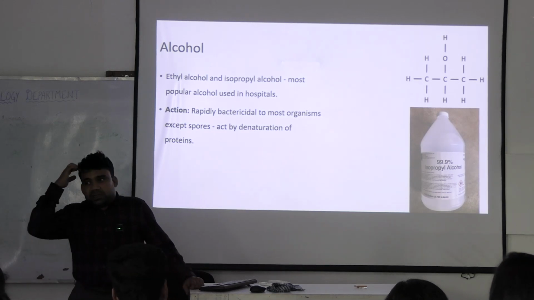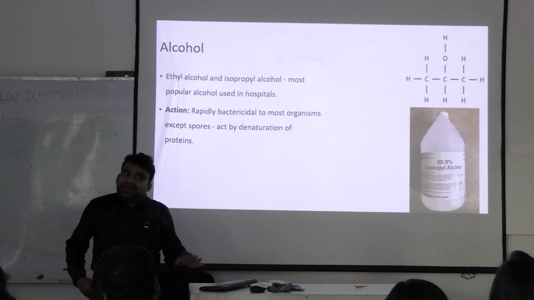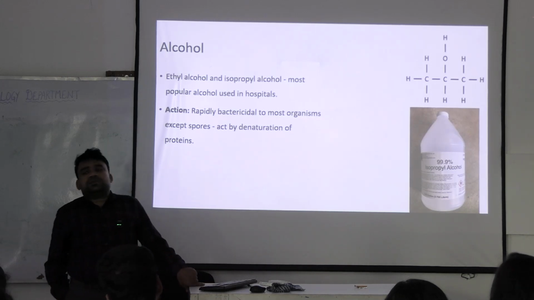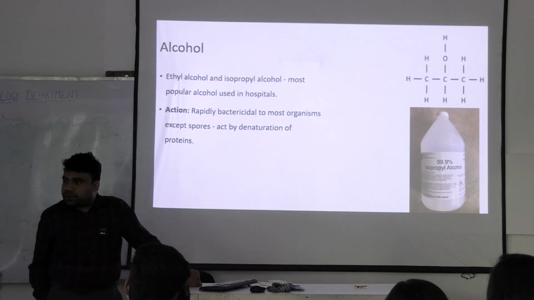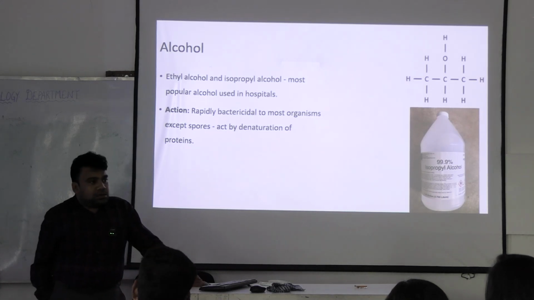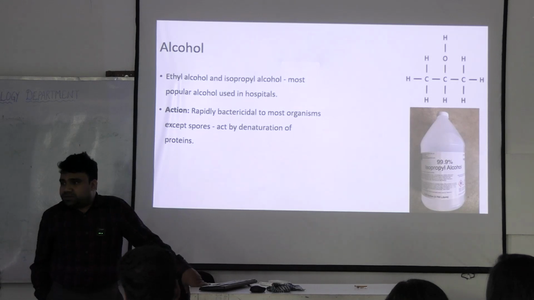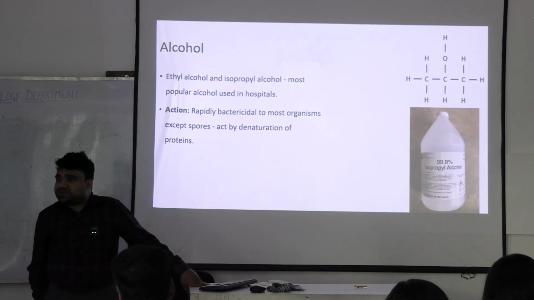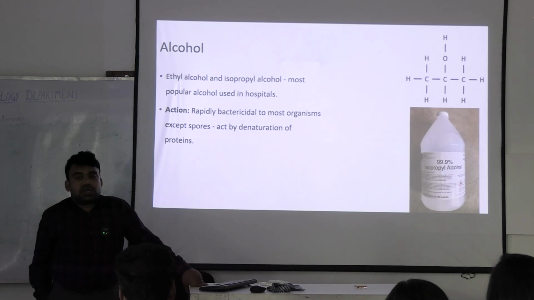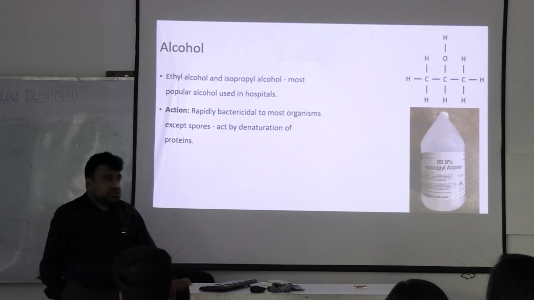Okay. So, like high level disinfectants, for intermediate level of disinfectants, concentration is very important. The same alcohol, if we use 90-95%, will have a different action than what we use at say 70% alcohol. So concentration is very important in these cases.